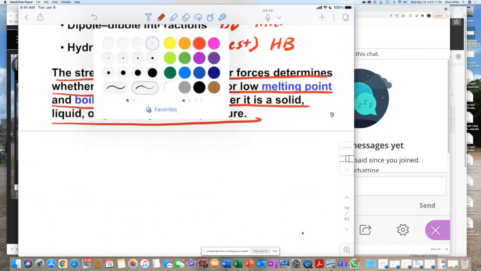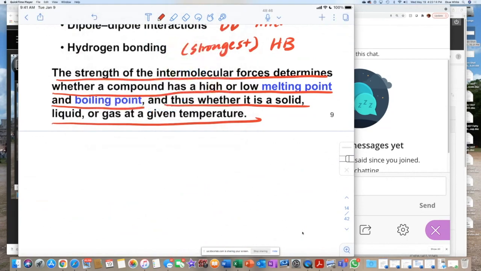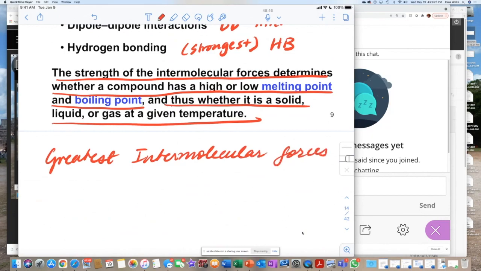So we have here greatest intermolecular forces result in most likely having solids.